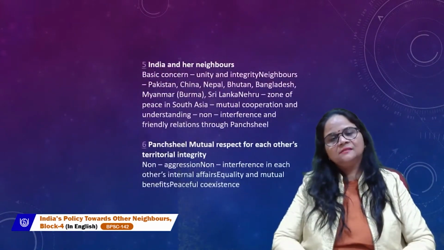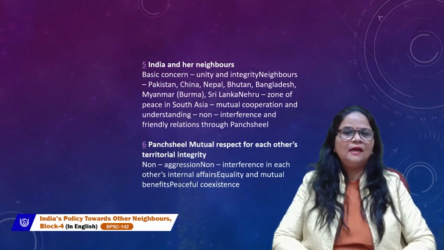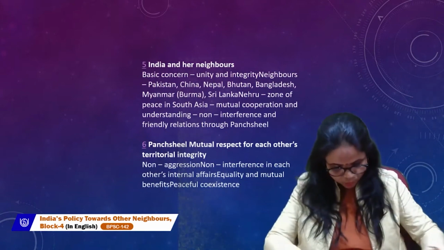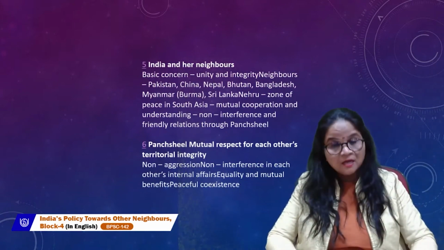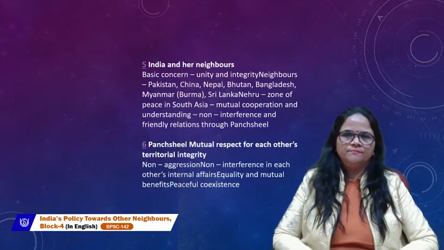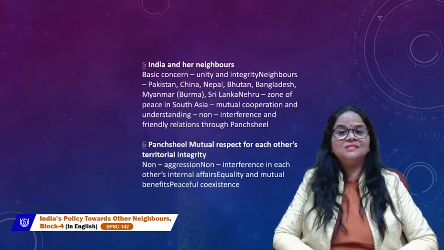Now, India has neighbors, so what attitude, behavior and system do we convey to them? We convey the basic concern of unity and integrity. What is the meaning of unity and integrity?